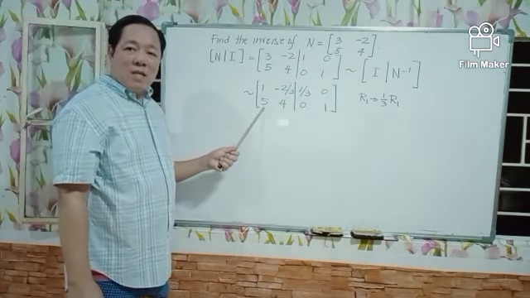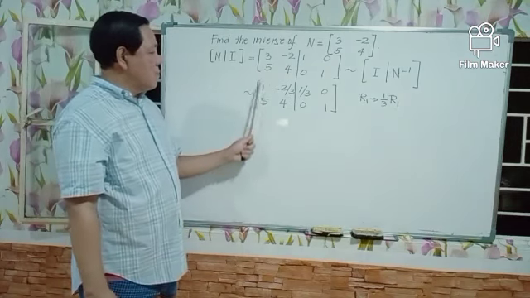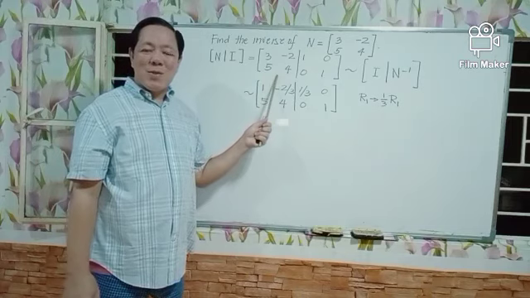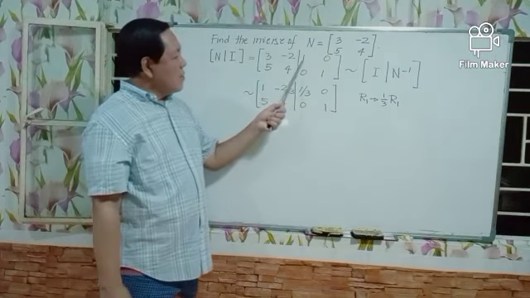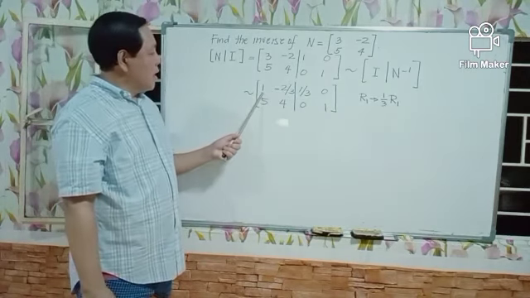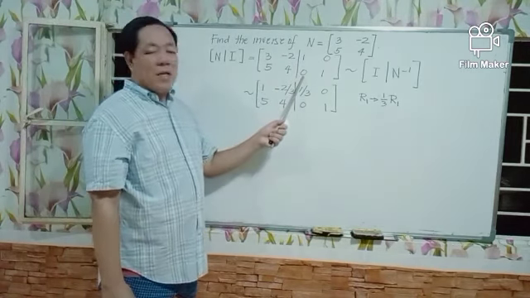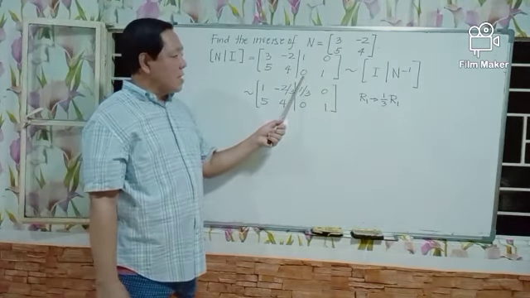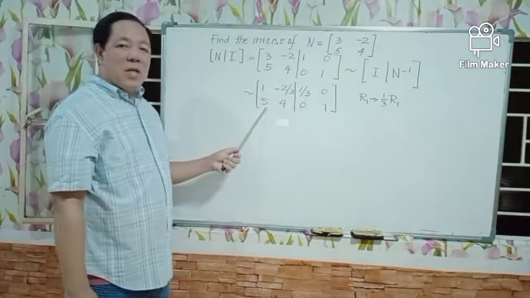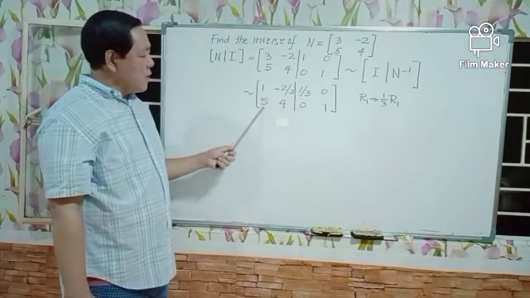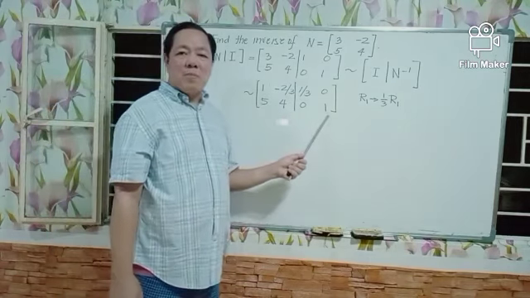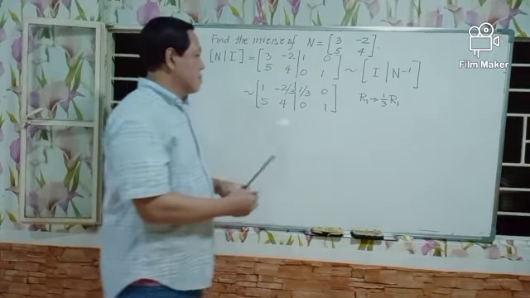Now, the next entry, we start with the first column. If we are to change this into an identity matrix, the first entry is 1, which we have already done. And in the first column, the second entry in the second row must be 0. Now, this 5 must be changed to 0. And if we change 5 to 0, all the entries of row 2 must be changed.